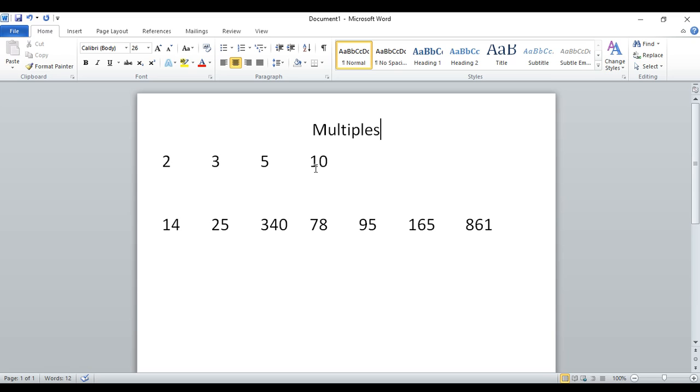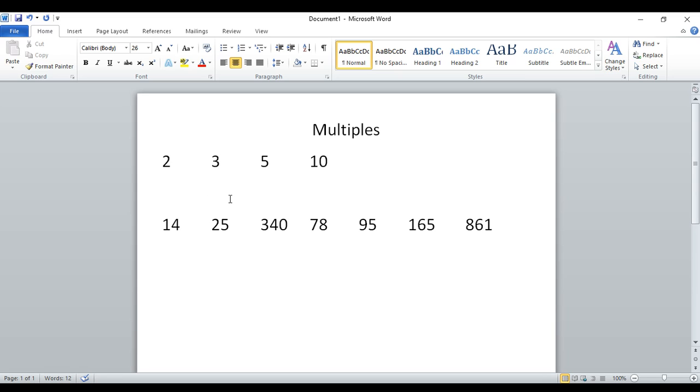I sent you a paper, and I'm going to go over a few of them today, a few of them tomorrow. That way, you can practice with a few of them. You don't have to do them all at once. So, if we want to know if a number is a multiple of 2, we can tell if the number is even.